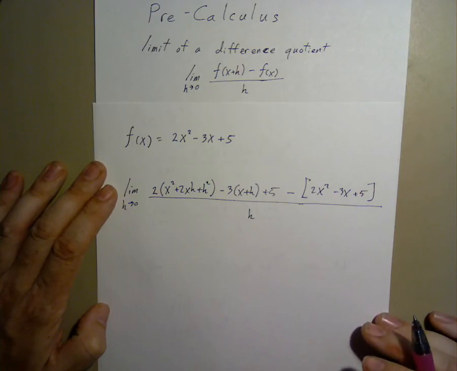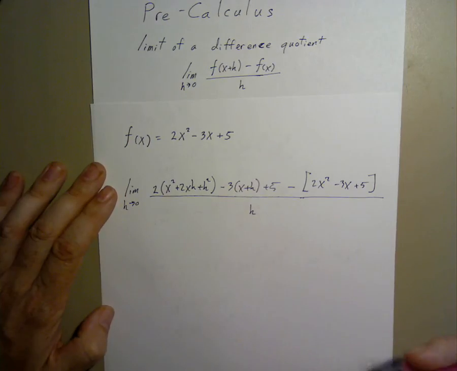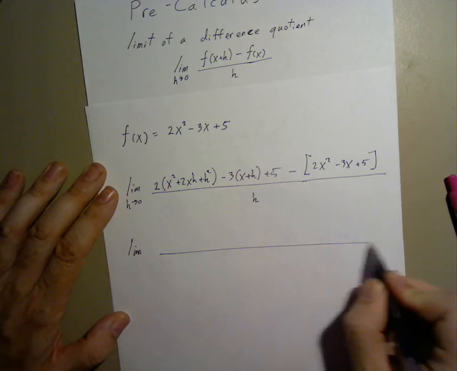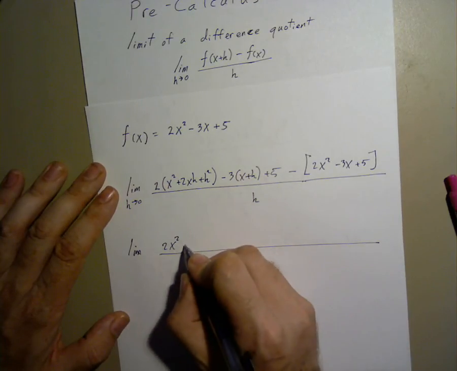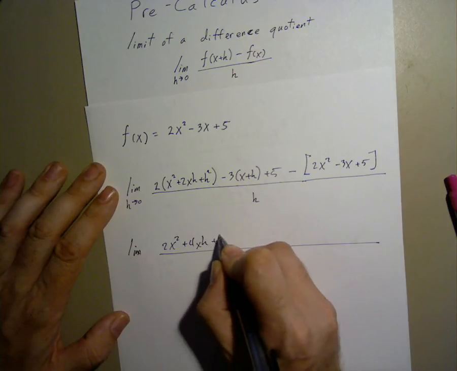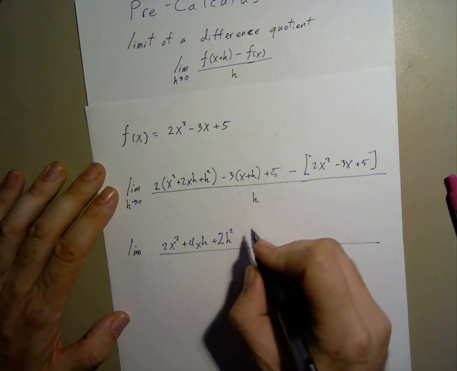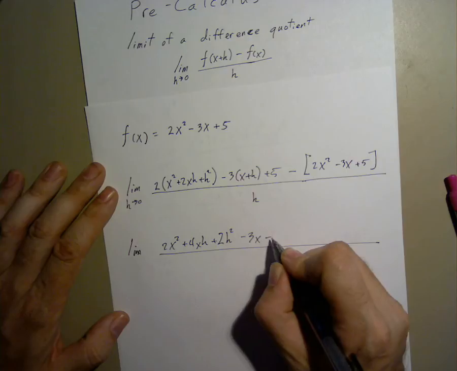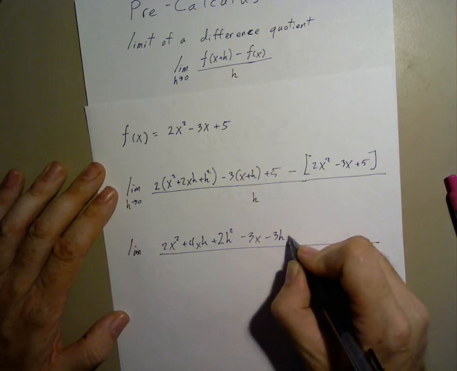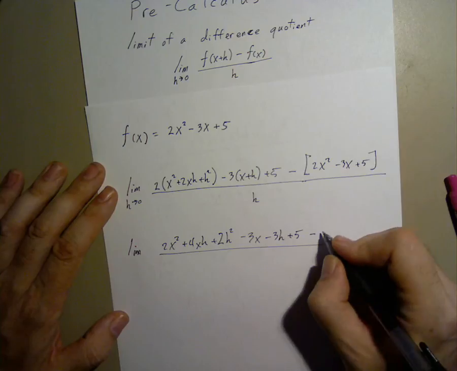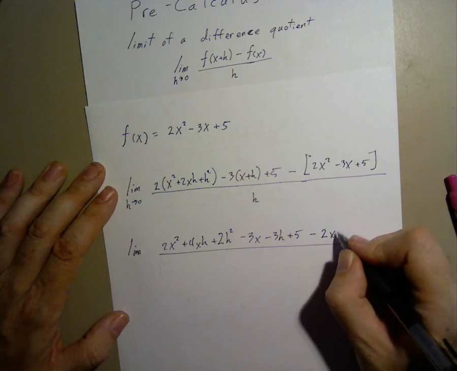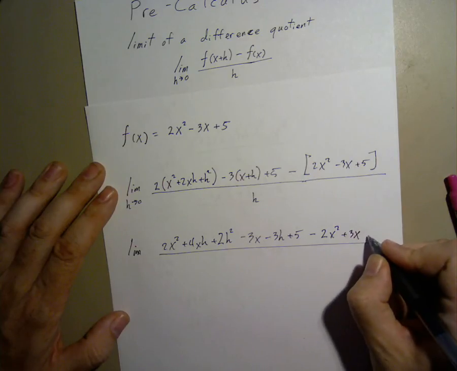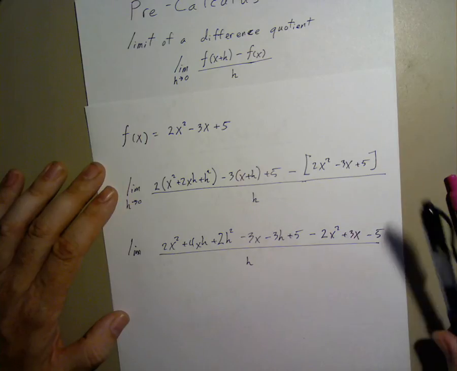So, we'll first expand this. We get 2x squared plus 4xh plus 2h squared minus 3x minus 3h plus 5 minus 2x squared plus 3x minus 5 over h.